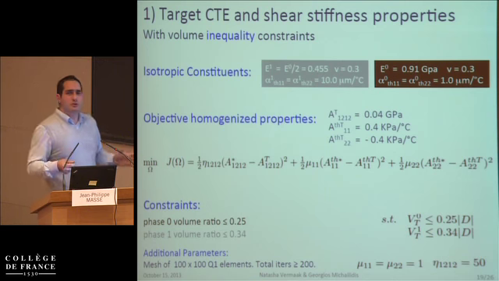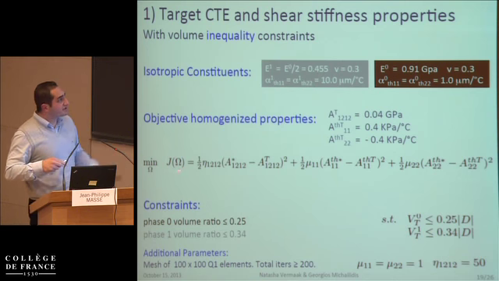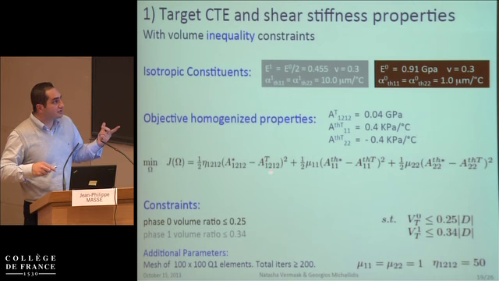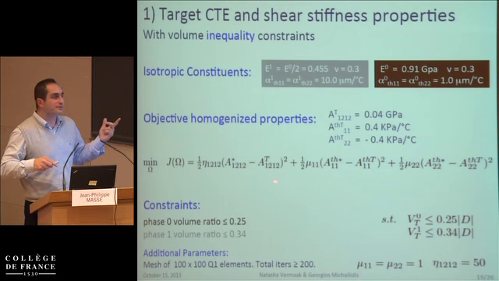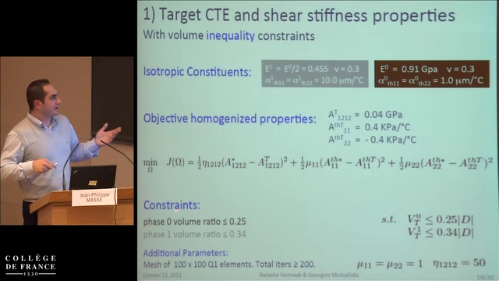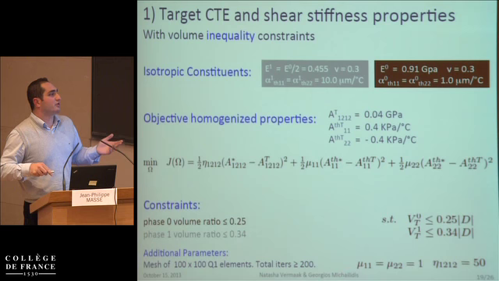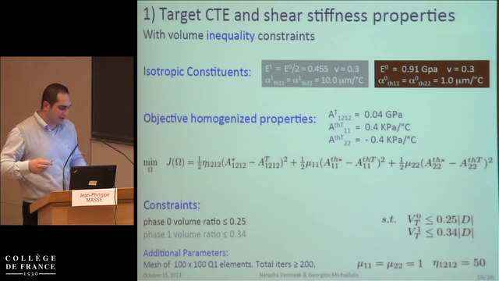One simple way to do it is to construct an objective function that is a weighted sum of least square deviations between the homogenized properties and the target properties. Then we set some resource constraints in terms of volumes of the phases that we are going to use. We set our weight coefficients for the objective function and some numerical parameters.